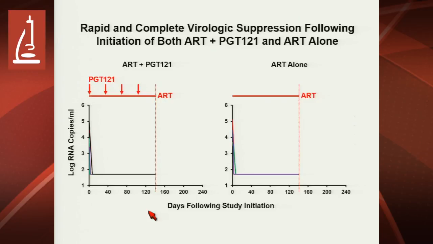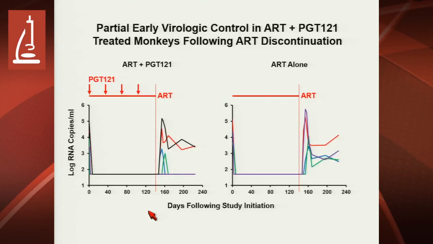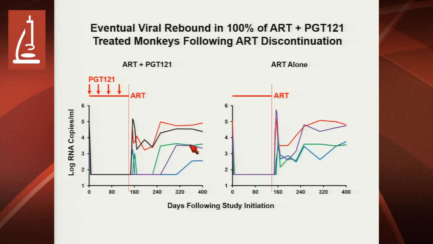In the first few weeks, we were very excited because all 5 of the ART alone animals rebounded, whereas in the PGT121 group, two animals had a classic rebound pattern, and the other 3 animals appeared to be early controllers. But with more time, all of the animals in the PGT121 group also rebounded.